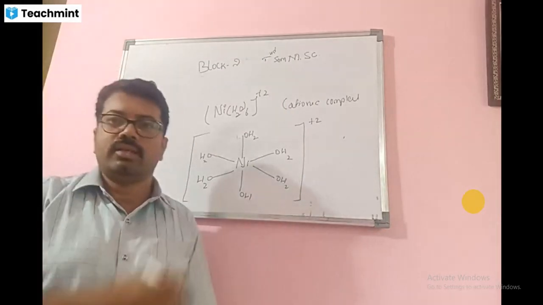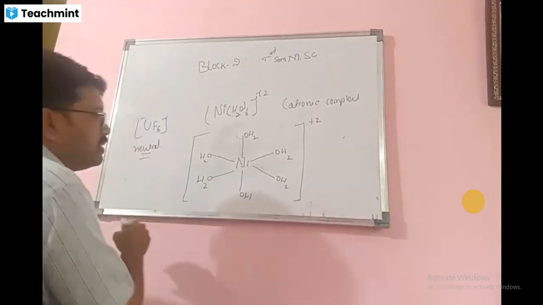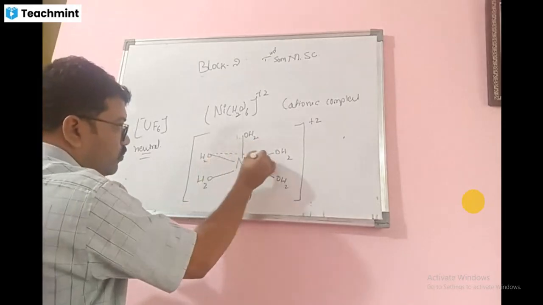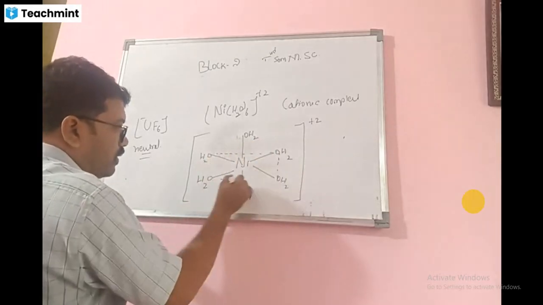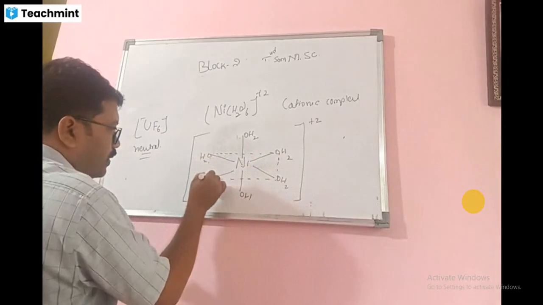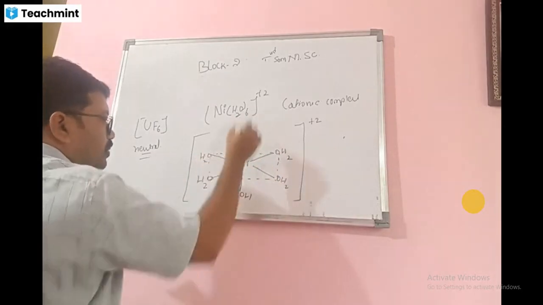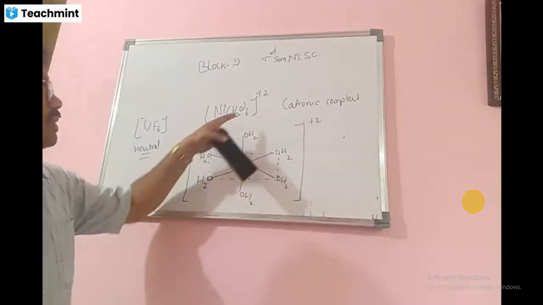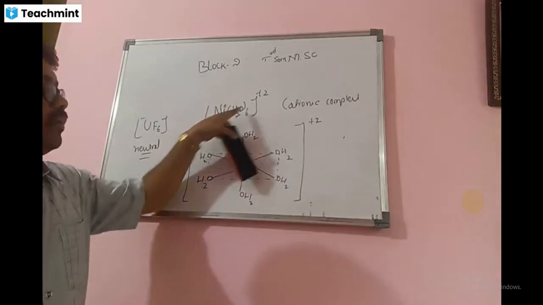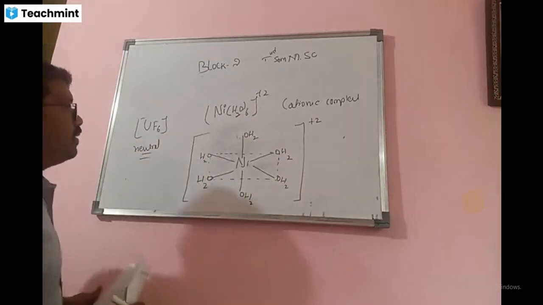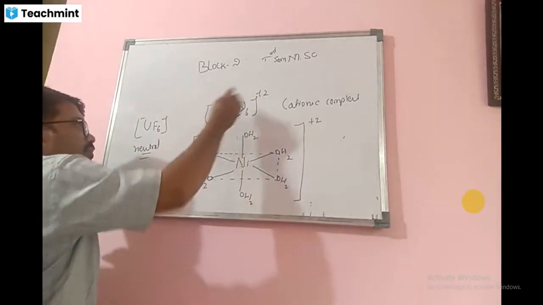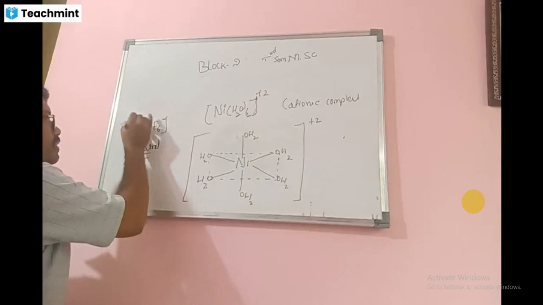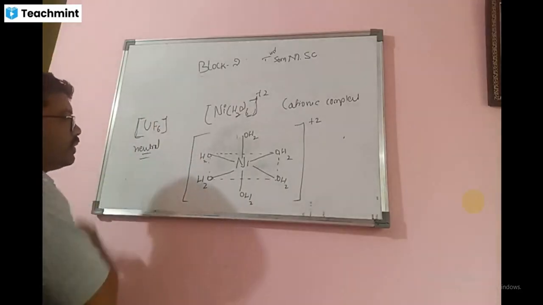So I have to represent the structural formula like this. These 4 water molecules are in the plane. This is above the plane and this is below the plane. So this complex is hexaaqua nickel plus 2 complex. After writing this we put it in a bracket. So this is the cationic complex.